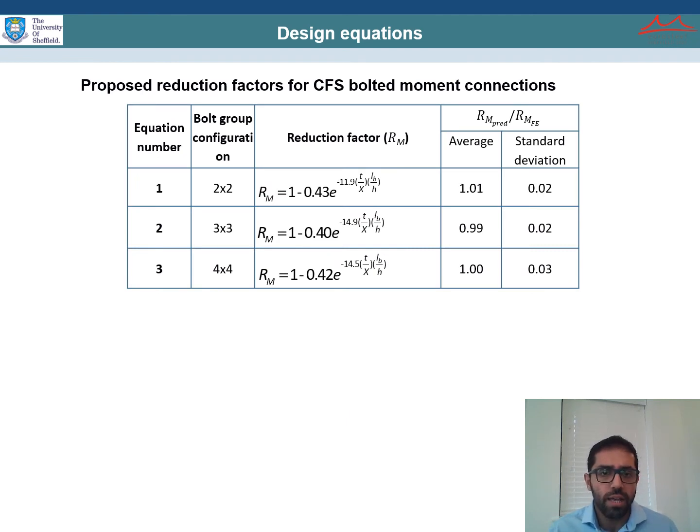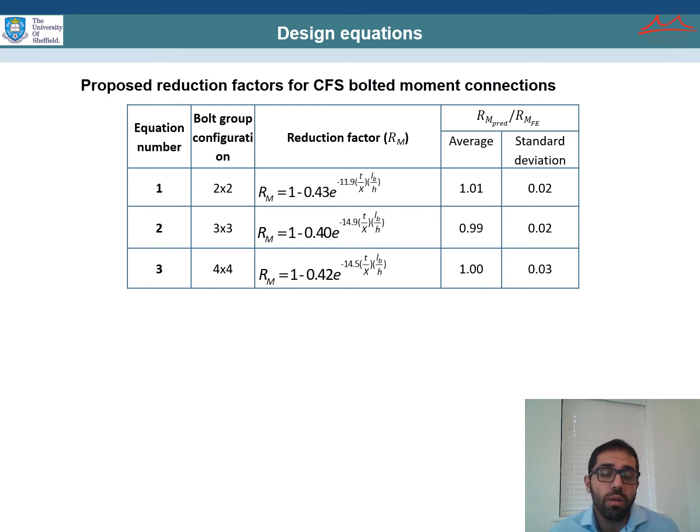In this table, the proposed equations for the reduction factors for the conformative bolted moment connection are listed. As you can see, the Rm is a function of T over X, where T is the thickness of the beam element or column element, and X is the channel eccentricity.